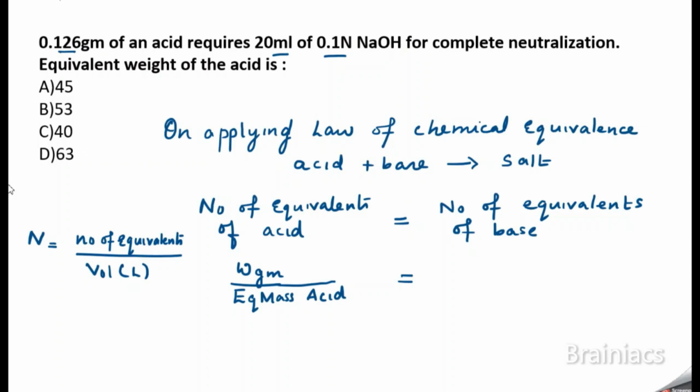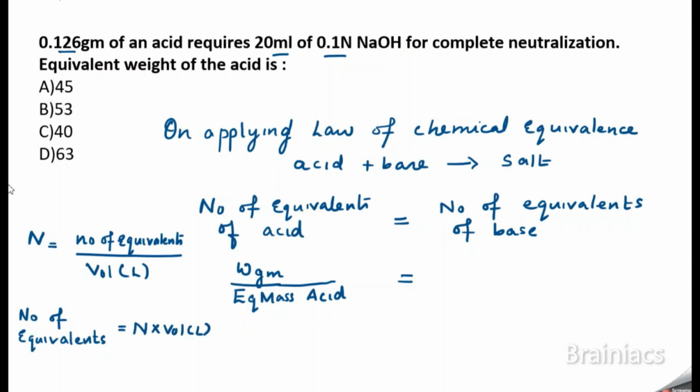So now tell me what is number of equivalents from this formula? I can say number of equivalents is equal to normality into volume of the solution in liters, correct? So I will apply that formula here.